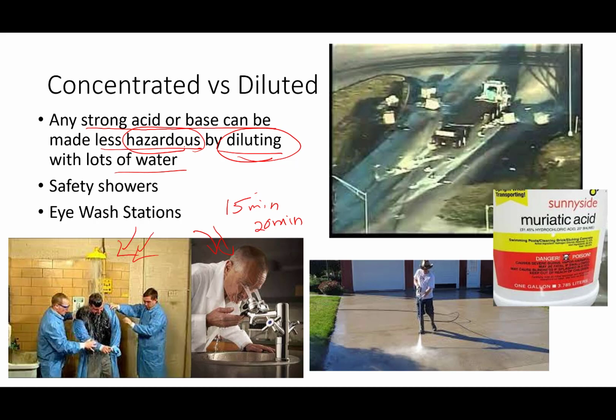If you should use hydrochloric acid or muriatic acid to clean a driveway or a garage floor, how do you then make it harmless for your environment, your pets, your children, yourself? Well, you must wash with lots and lots of H2O in order to make it safe so it doesn't kill your grass and is safe for your family.